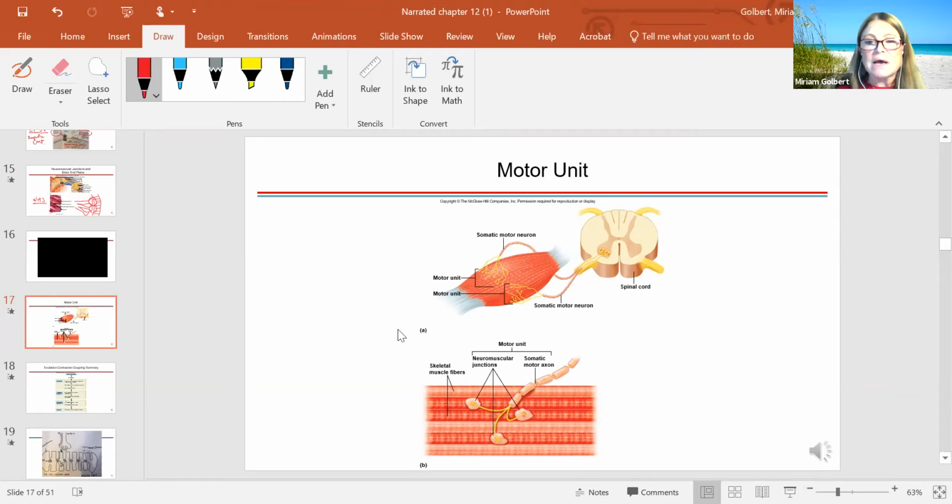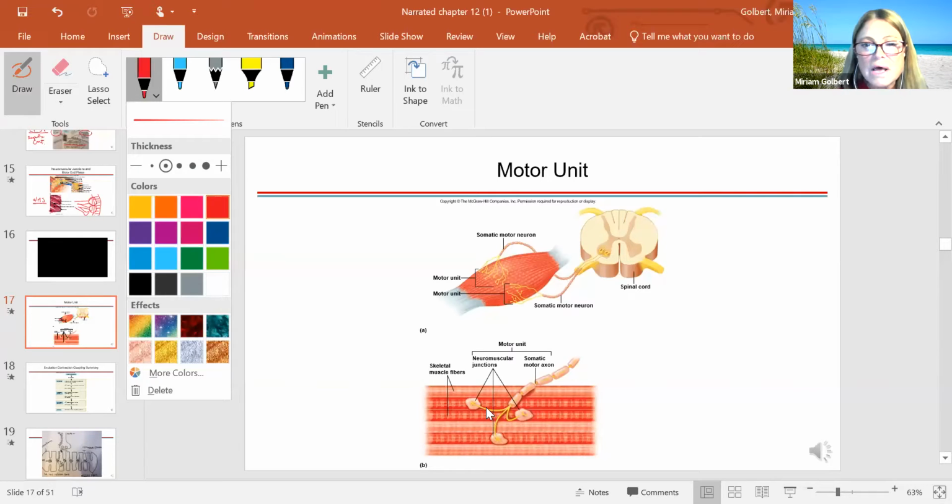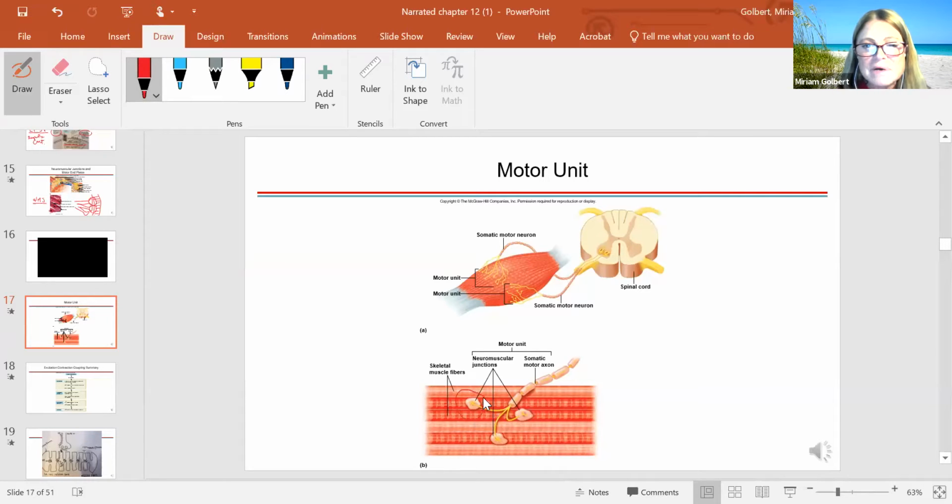So the little picture down below is what is called a motor unit. The contact of one little leg and the muscle fiber, we say that that was the neuromuscular junction, right?